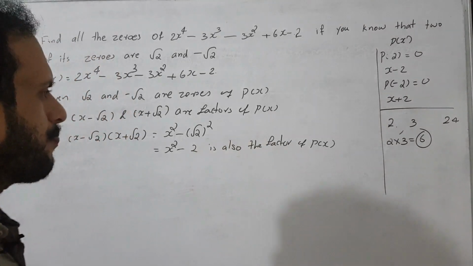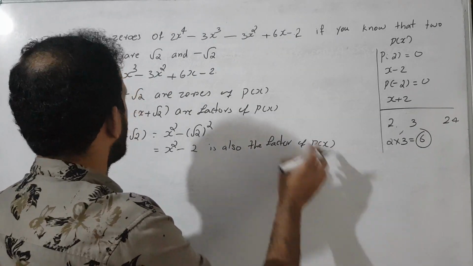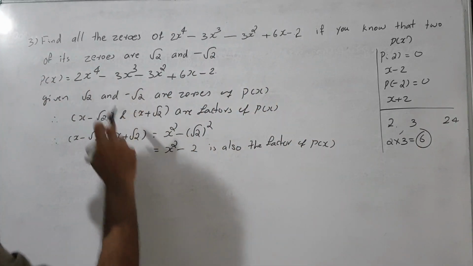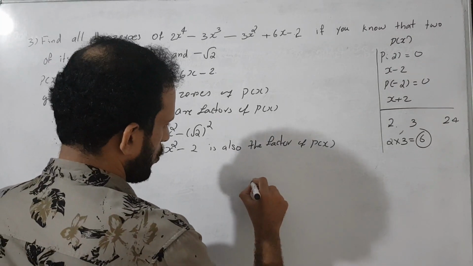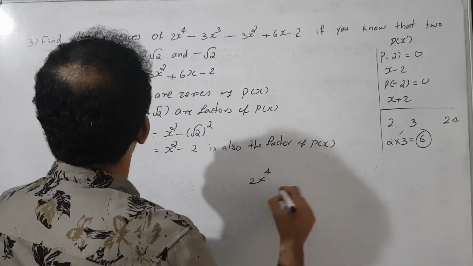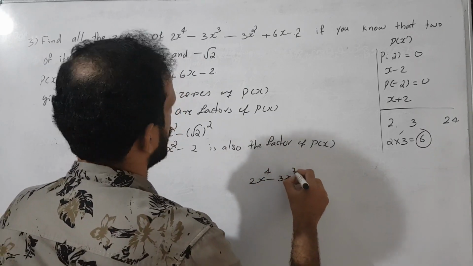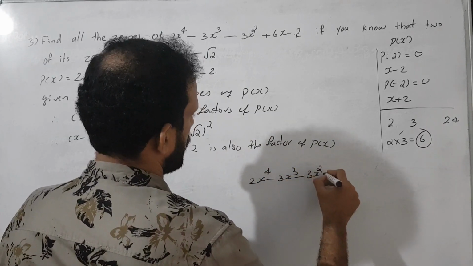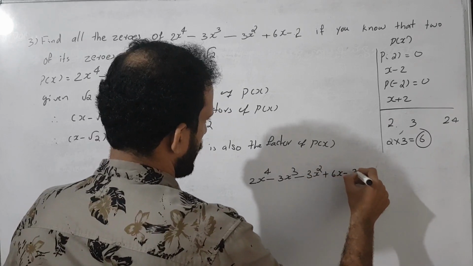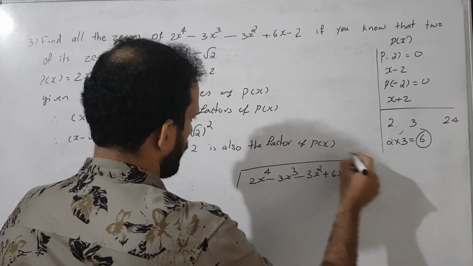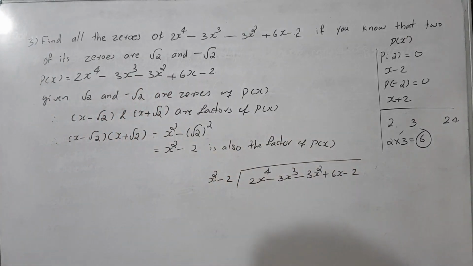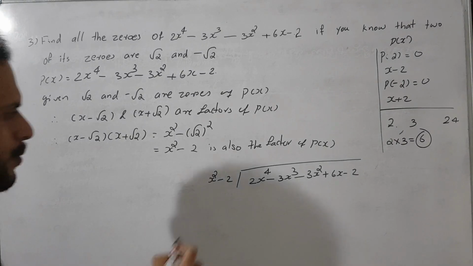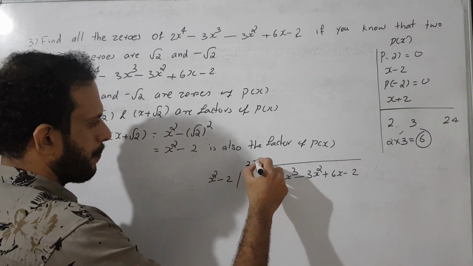Okay, next we divide the given p of x by x square minus 2. So p of x, 2x raised to 4 minus 3x cube minus 3x square plus 6x minus 2, divided by x square minus 2. Okay, then what is next? 2x raised to 4 divided by x square is 2x square.